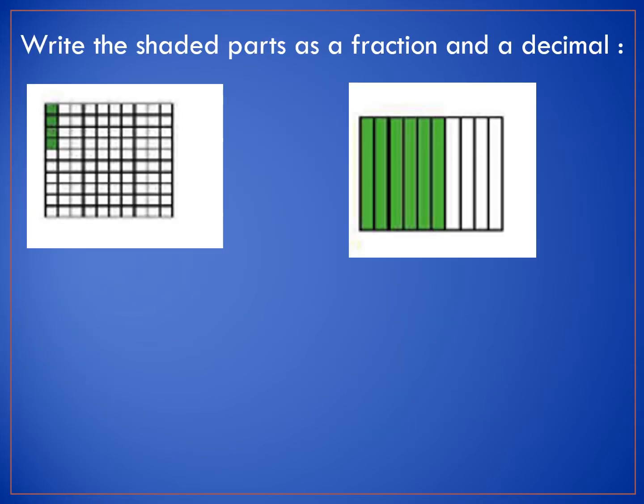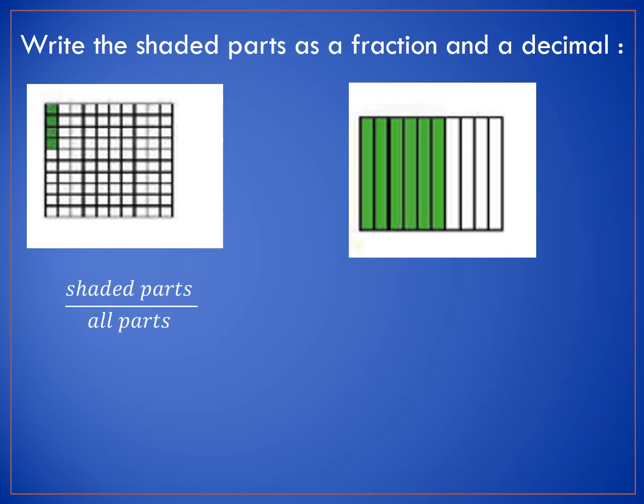Okay. Let's now know how to write the fraction as a decimal. And also, as I said to you before, let's solve those questions to show what I mean. If I say write the shaded part as a fraction and a decimal, of course, guys, we want to know how to write the shaded parts as a fraction. As I said to you before, there is a rule for that. Only use that rule, which is the shaded parts over all of the parts.